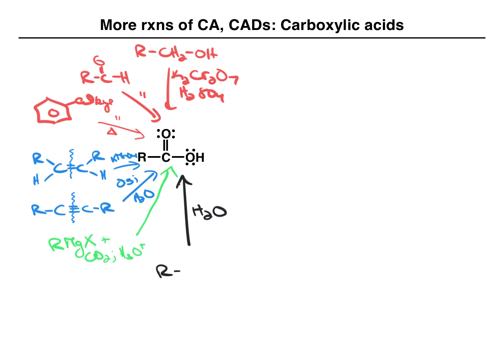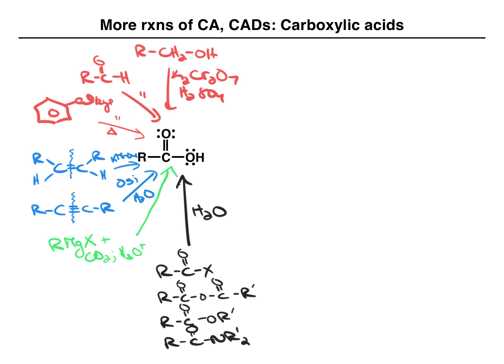So if we had an acid halide or an anhydride or an ester or an amide or a nitrile, all of these can be hydrolyzed to give a carboxylic acid.